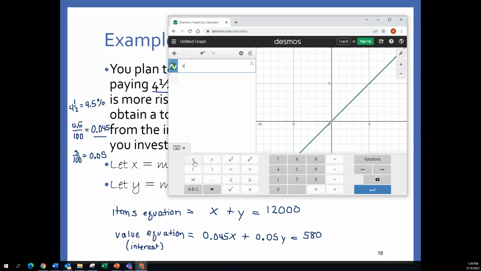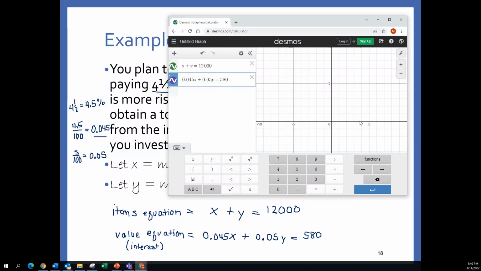So my first equation is x plus y equals 12,000. Then I click where the 2 is, and that'll let me go down and type my second equation. So 0.045x plus 0.05y is equal to 580. Right, looks like both are typed correctly.